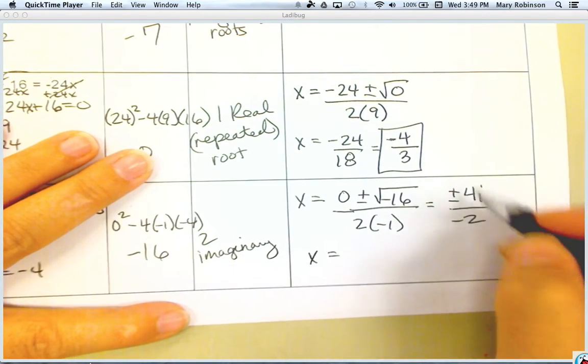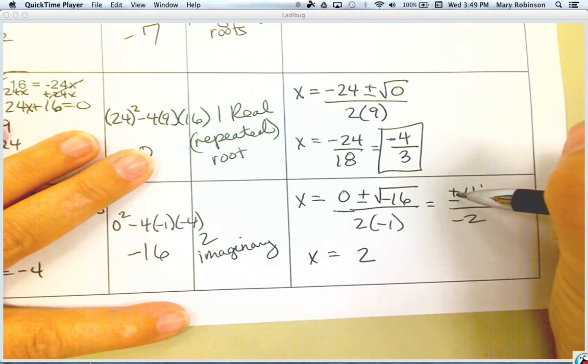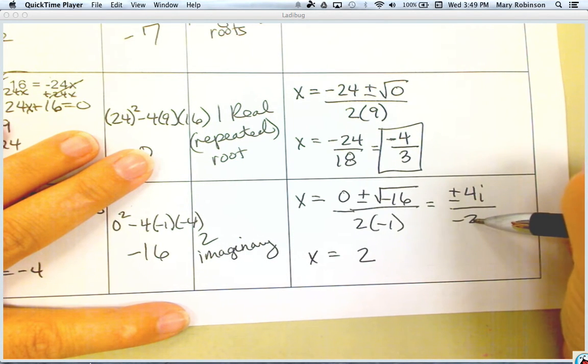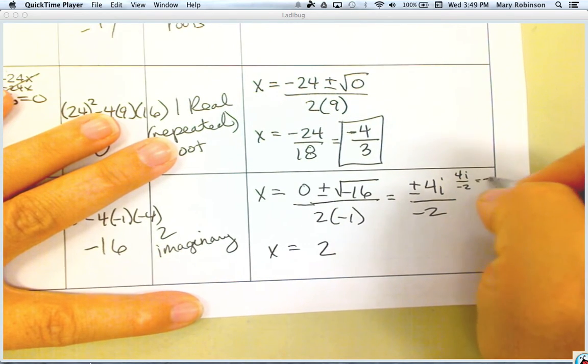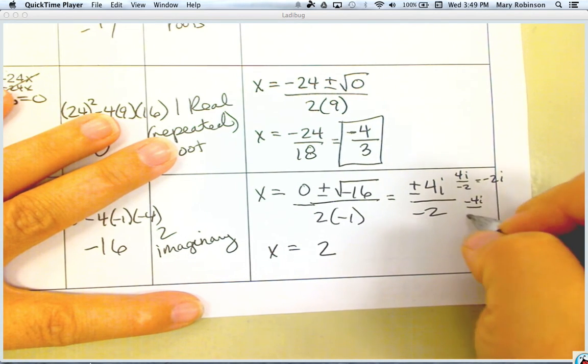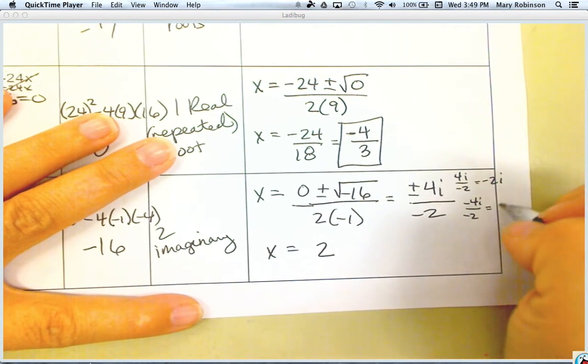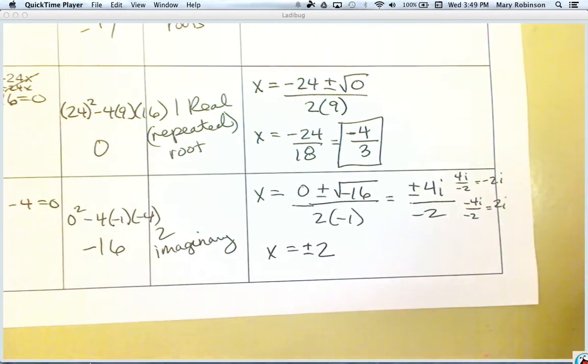And then go ahead and reduce that. 4 divided by 2 is 2. But if you divide the positive 4i by -2, you get a negative. As in, 4i over -2 is -2i. And if you divide the -4i by -2, you also get 2i. So your answers really are just positive or negative 2i.